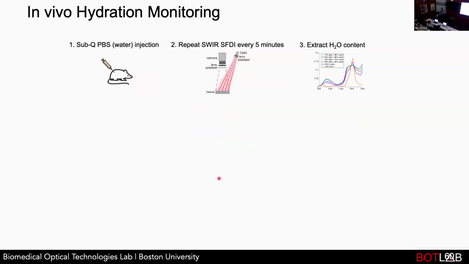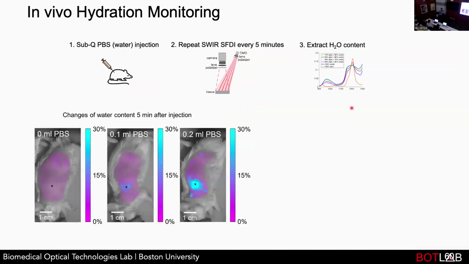So for example, we did a study where we injected PBS, basically water under the skin of a mouse, and then measured with the system every 5 minutes and extracted the water concentration at these longer wavelengths past 1,000. And so here's an example of this mouse. This is the injection site, and the color tells you how much water concentration has changed right after that 5-minute injection.